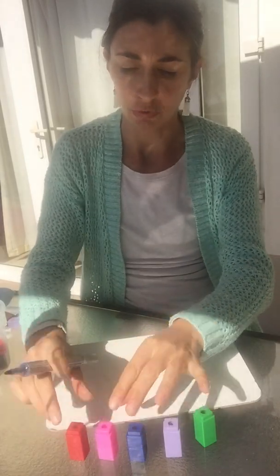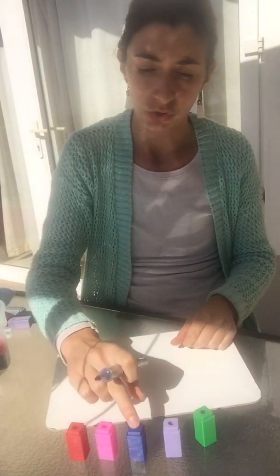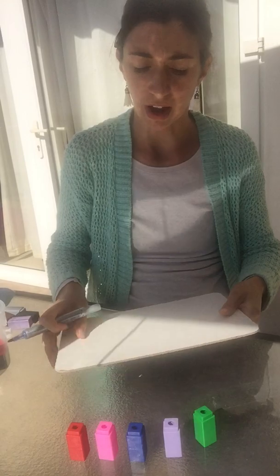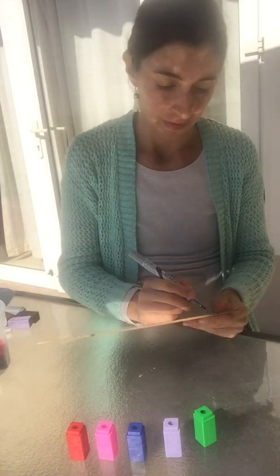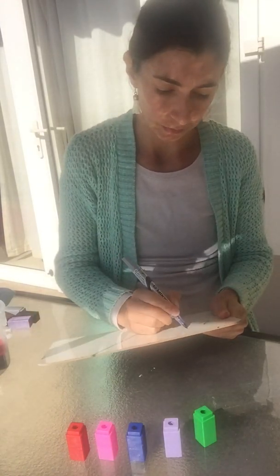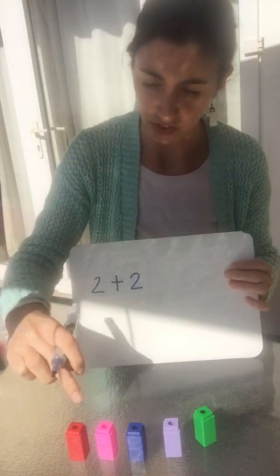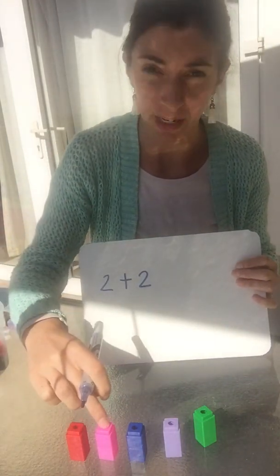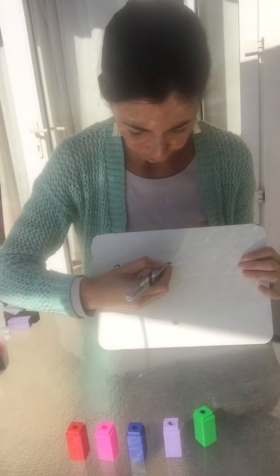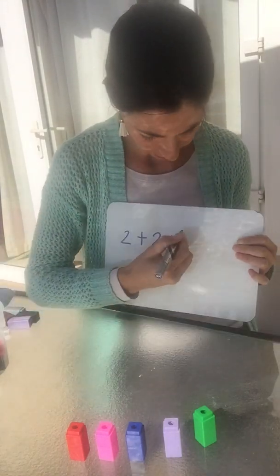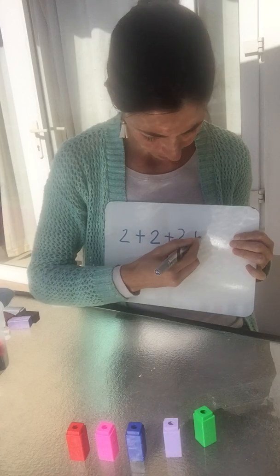Now, with my whiteboard, how will I represent that here? So I've got 2, 2, 2, 2, 2. So I can say 2 plus 2. Okay, so that's the red one. 2 plus the pink one. That's another 2. Plus the blue ones. Plus another 2.